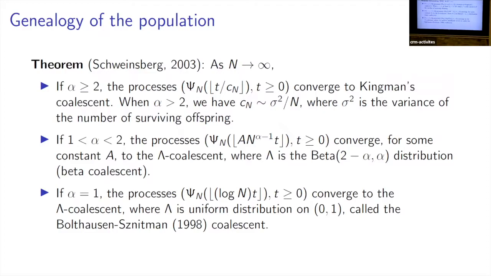So a little more than that is enough for a single individual to instantly have a fraction of the existing population as offspring. It doesn't happen often, but keep in mind here that it only needs to happen once every n to the alpha minus 1 generations. And then that becomes the dominant source of fluctuations, or the dominant source of mergers.